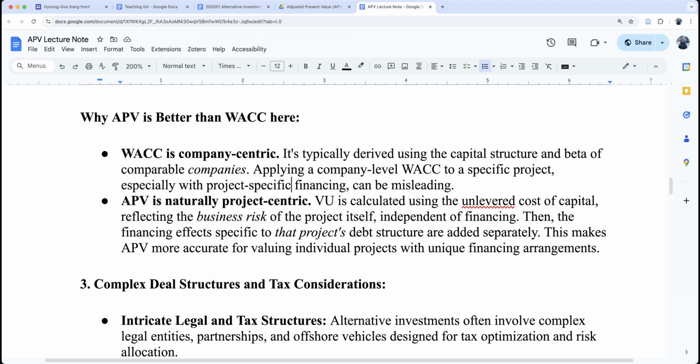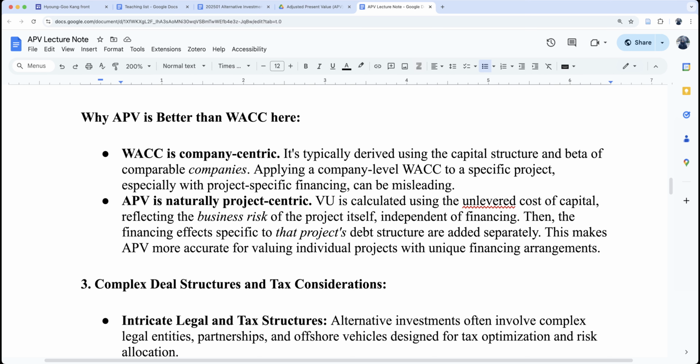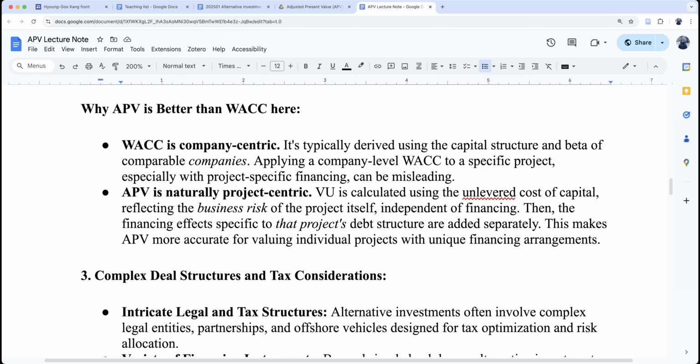And APV is naturally project centric because you have to take into account your financial strategy in valuation. VU is calculated using the unlevered cost of capital, reflecting the business risk of the project itself, independent of financing. Then the financing effects specific to that project's debt structure are added separately.